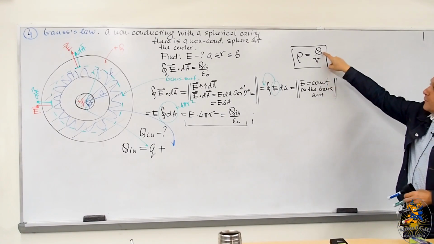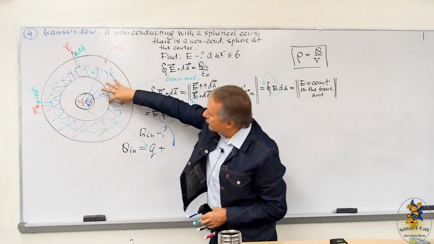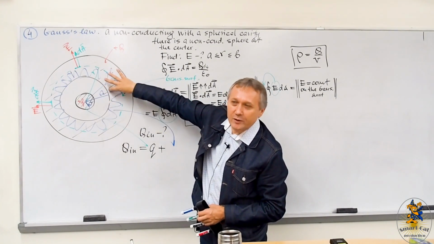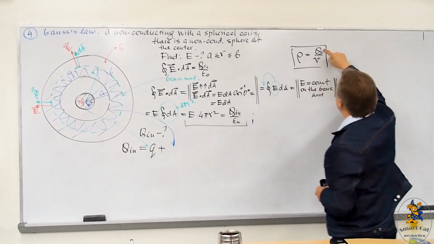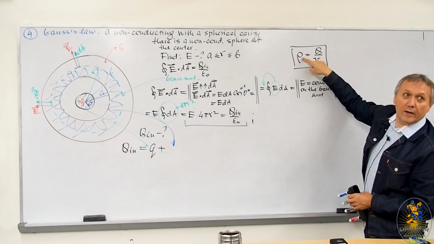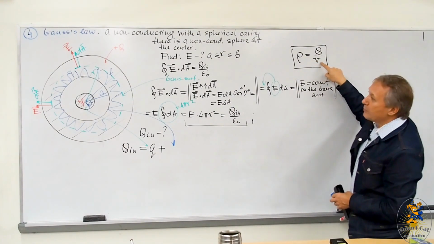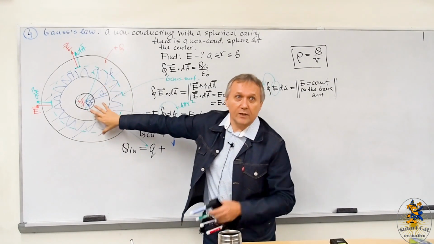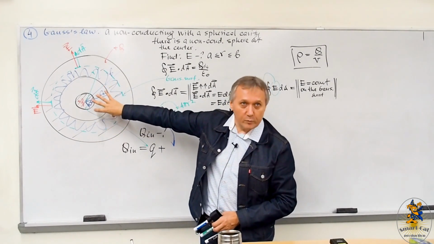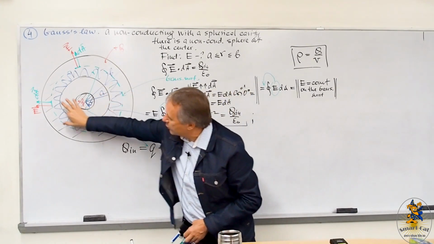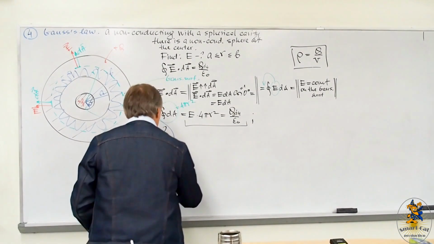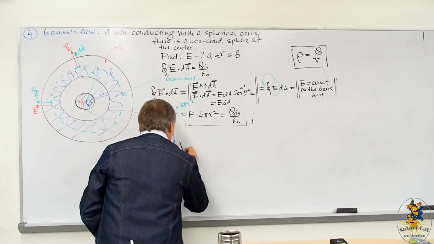So now, if we are interested in this amount of charge, Q equals rho, we need to find rho somehow, and multiply by the volume over which this charge is distributed. So volume charge density multiplied by this volume. So let's do that. First step, it will be rho times volume.